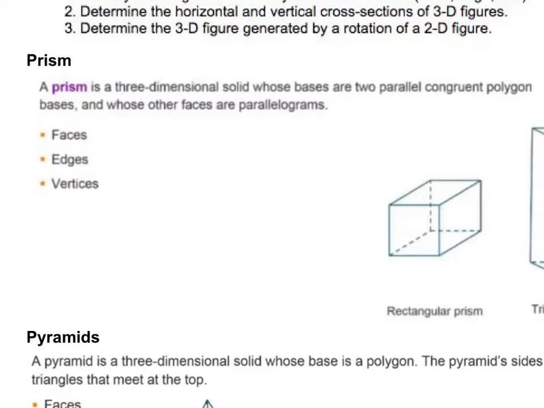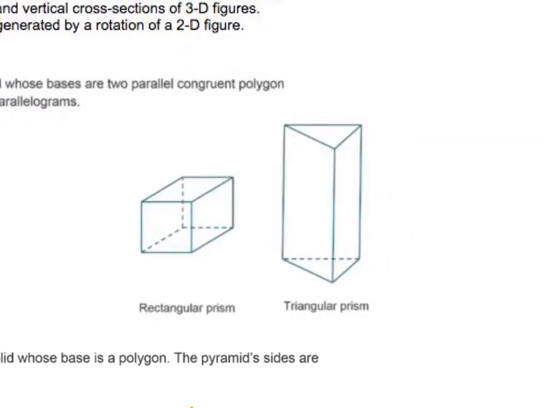I like to think of a triangular prism, where your faces are these parallelograms that go up from the base. So I'm going to outline the bottom down here as your base, and I'm going to outline this part here as your base.